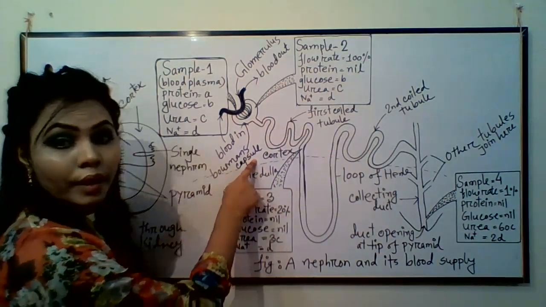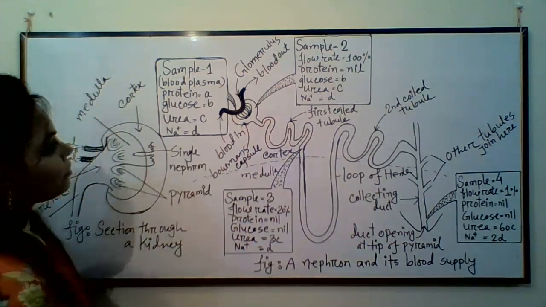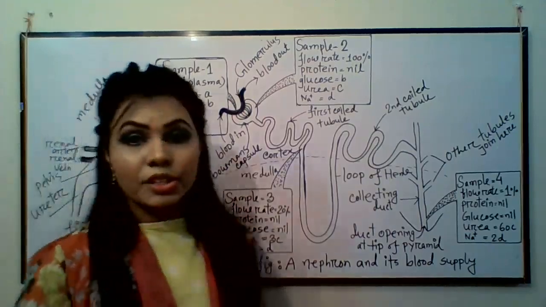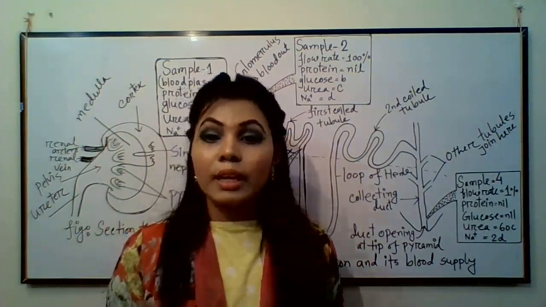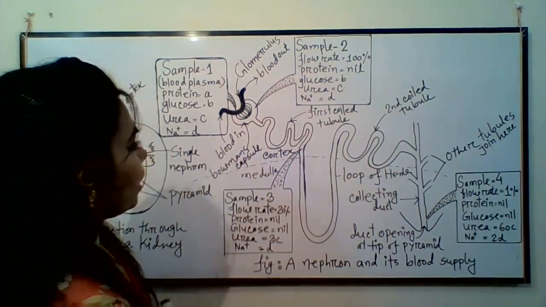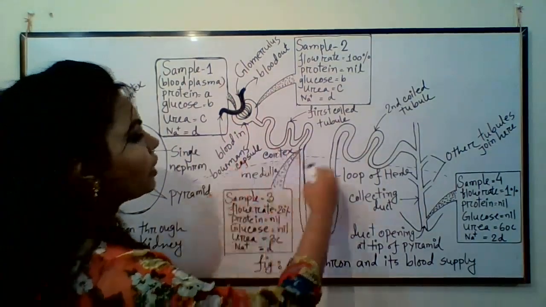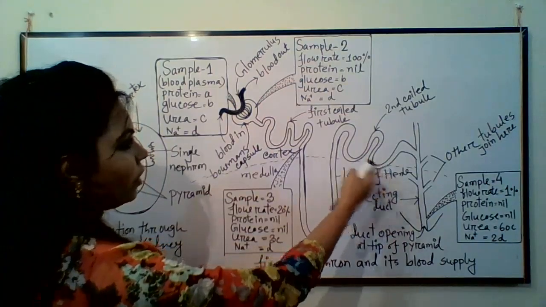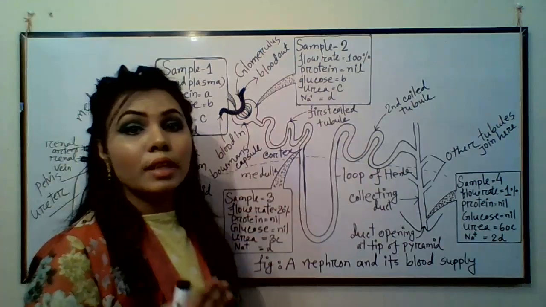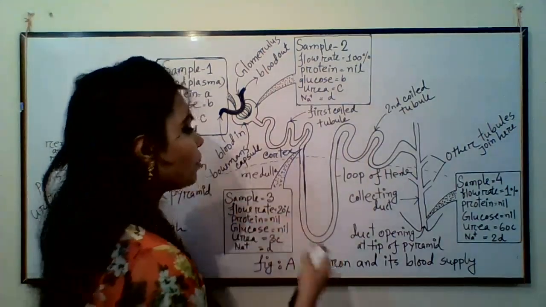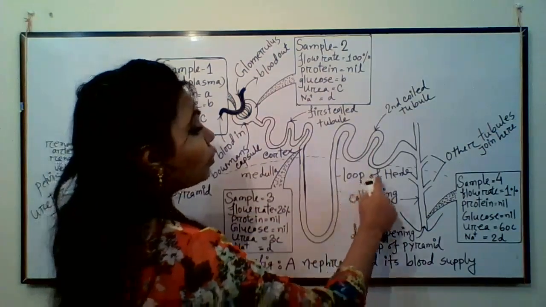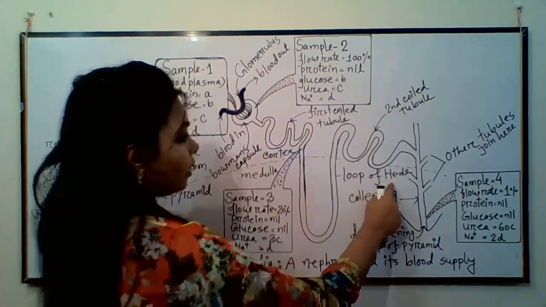Understand? Okay. So let's talk about the changes to the filtrate in the nephron. There are two coiled regions of the kidney tubules in the nephron, separated by a U-shaped loop that is called the loop of Henle. Understand?